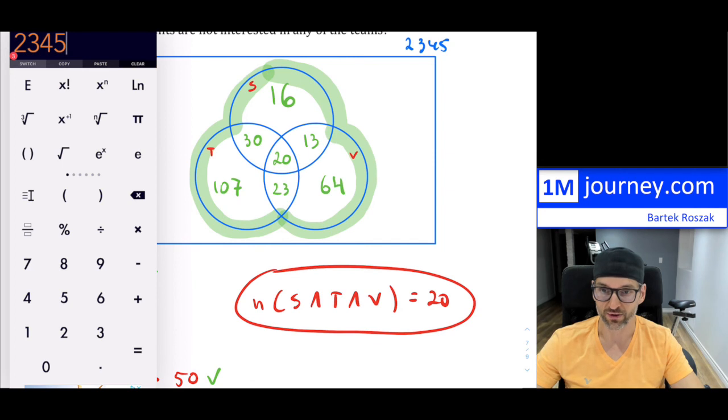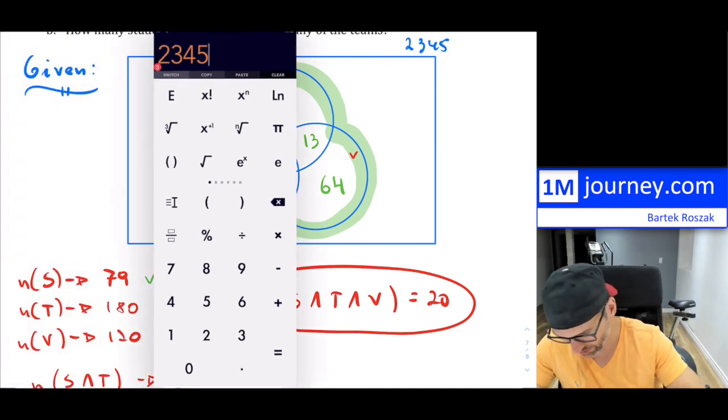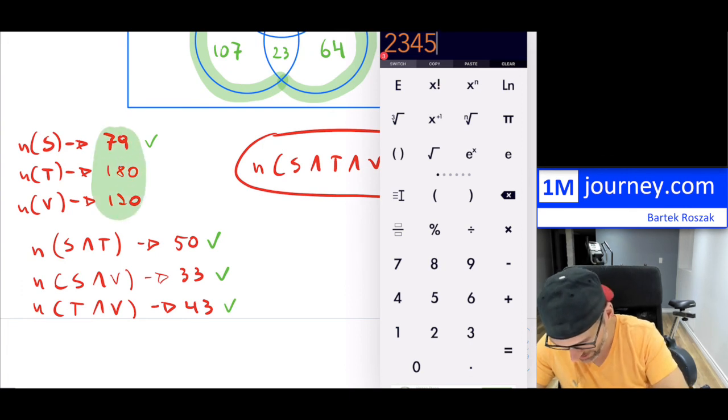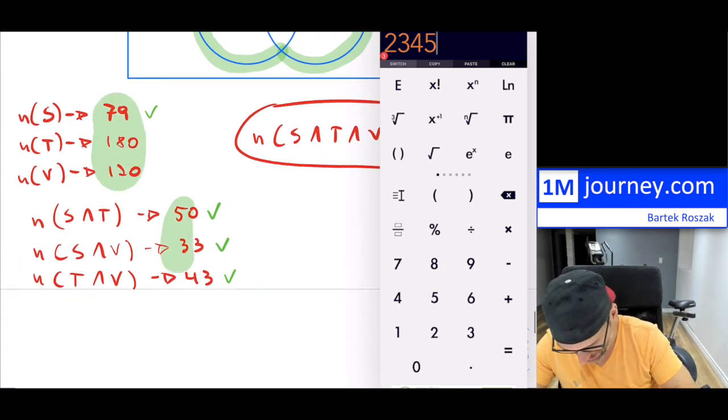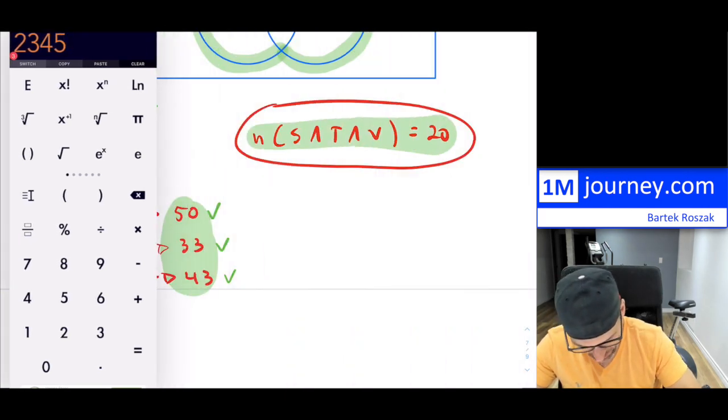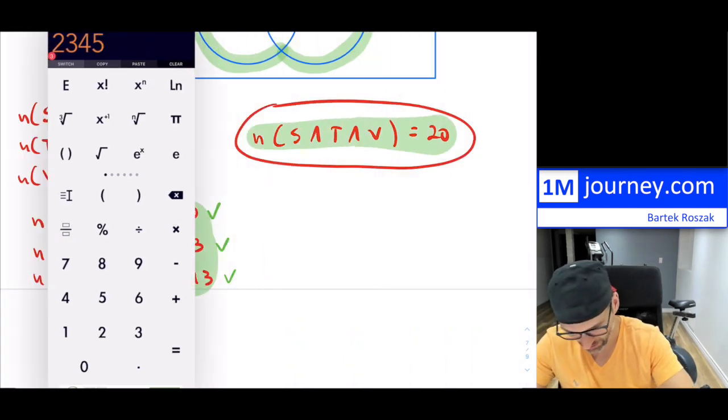And then find out exactly how many we have, or we can use the addition. We can actually use all of this information right here. So we can add all of these, we would subtract all of these, and then we would have to add this one because we subtracted too many times.